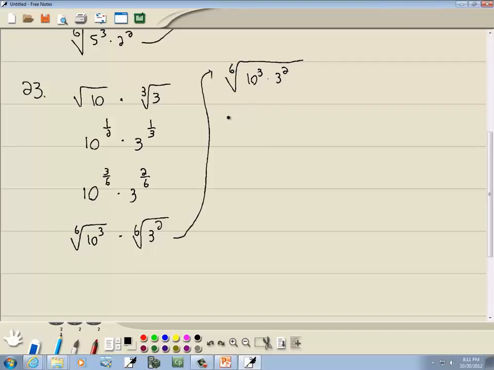And I'm trying to think if this works out nice in any sense at all. I don't think it does. So 10 to the third is 1,000. 3 squared is 9. So that gives us 9,000.